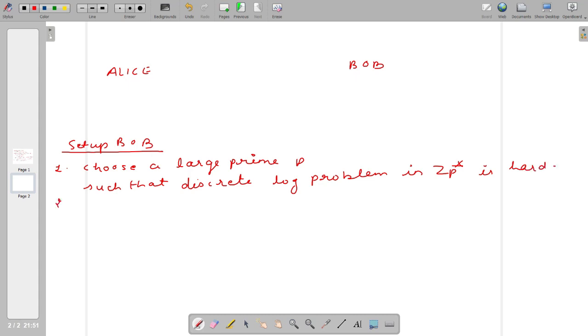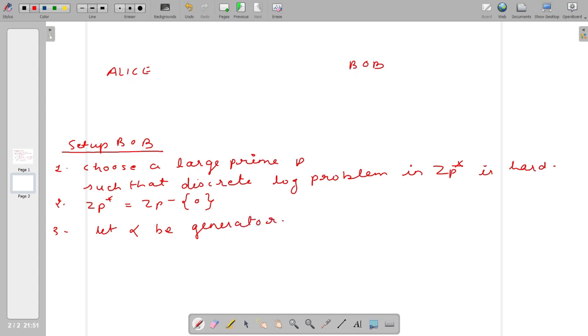And what is this Zp star? This Zp star is a cyclic group which is equal to Zp minus 0. Now let's say alpha is the generator of the group.